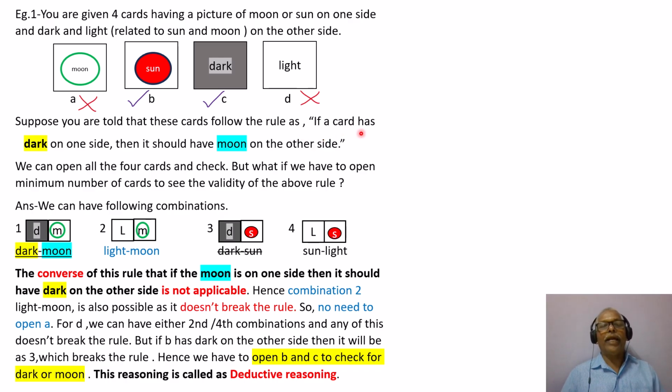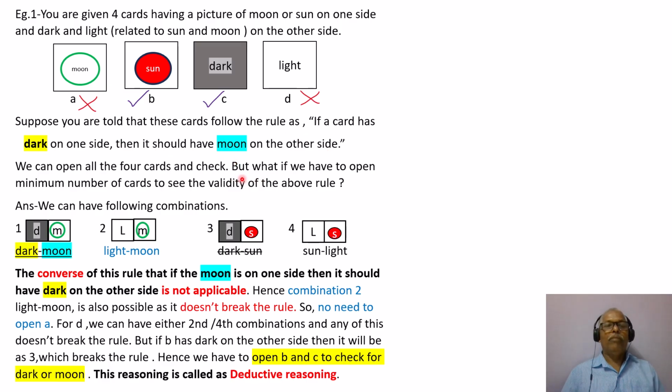If a card has dark on one side, then it should have moon on the other side. Try to follow this rule very carefully. That's the rule. We can open all four cards and check for the validity of the rule.